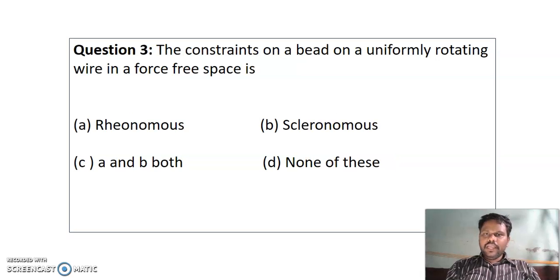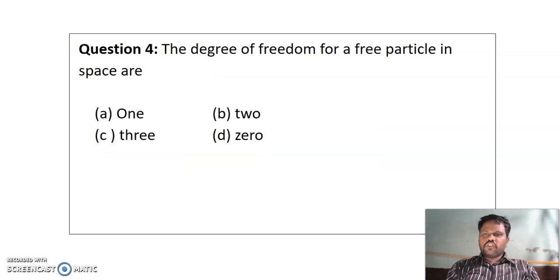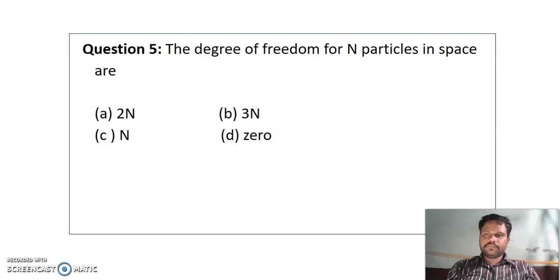Question number 3. The constraint on a bead on a uniformly rotating wire in a force-free space is an example for rheonomic constraint. Question number 4. The degrees of freedom for a free particle in space are? Answer is 3.